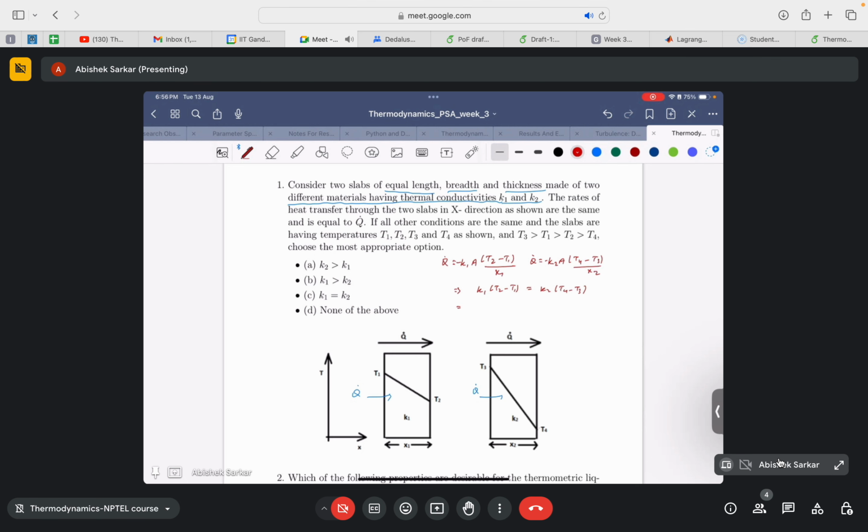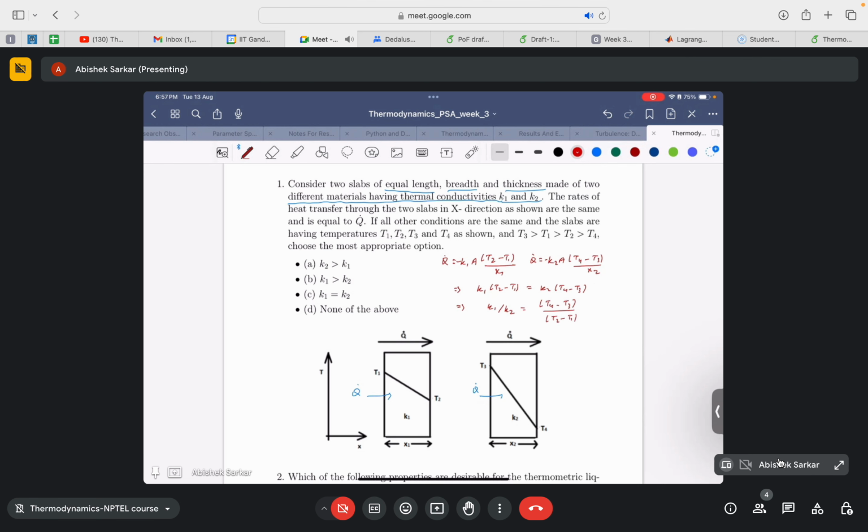Since the dimensions of both slabs are exactly the same, we have cancelled out A and x1, x2 from these two relations. Now if we rearrange these terms, K1 by K2 will be equal to T4 minus T3 divided by T2 minus T1.